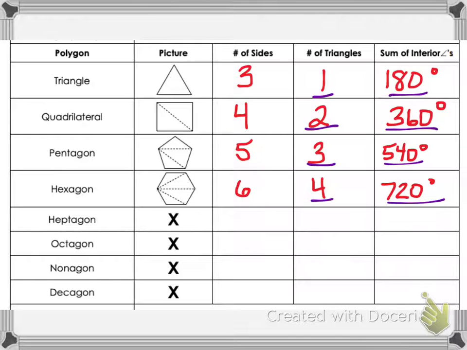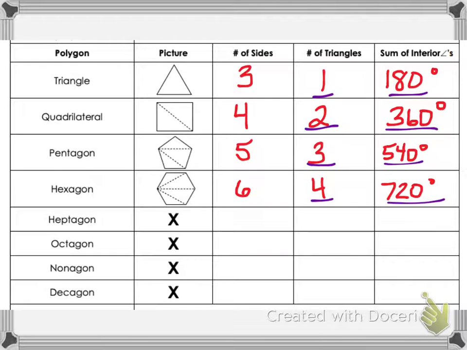So let's say there's n number of triangles, the sum of the interior angles is the number of triangles times 180. Let me backtrack on that a second here.